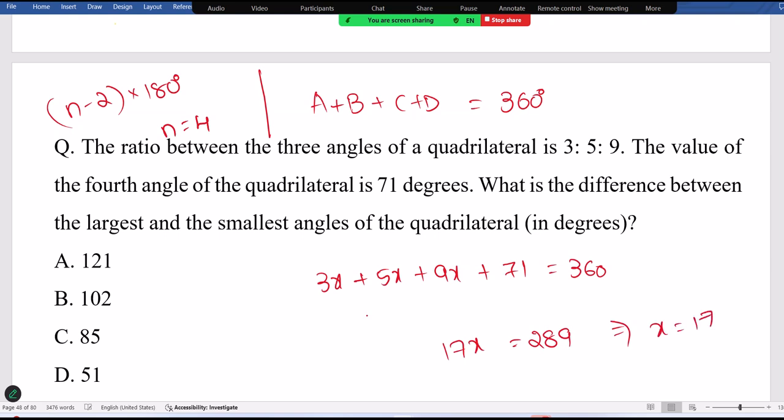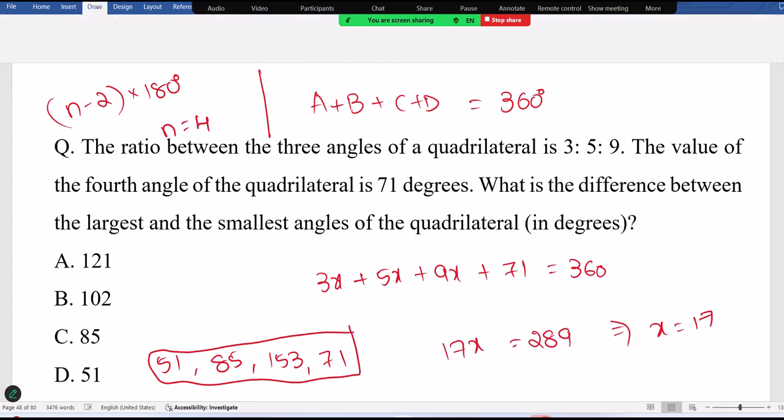Now the angles are nothing but 51, 85, 153, 71. These are the angles. Now the question is regarding largest and smallest. We have to take the difference. So largest and smallest, we will get 102 as the answer. 102 is the answer, right?